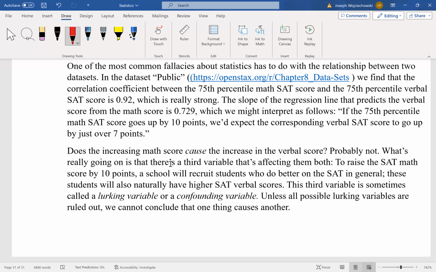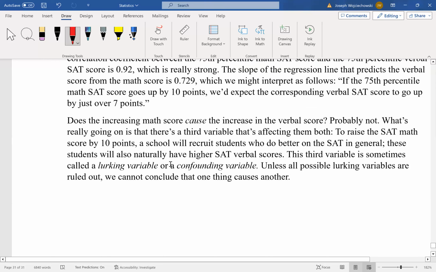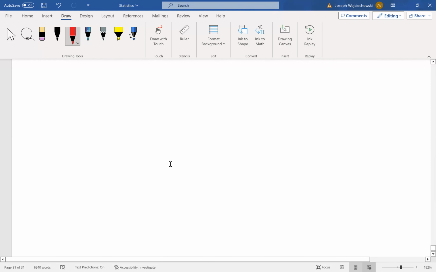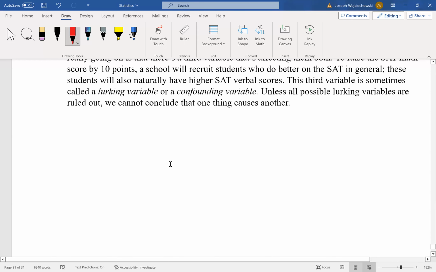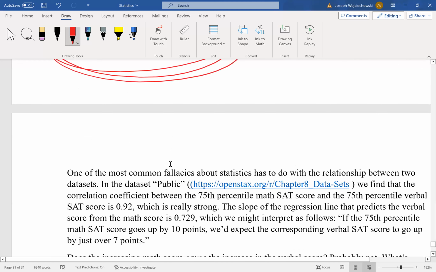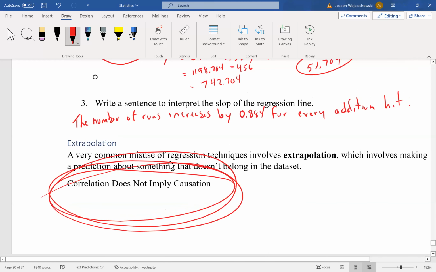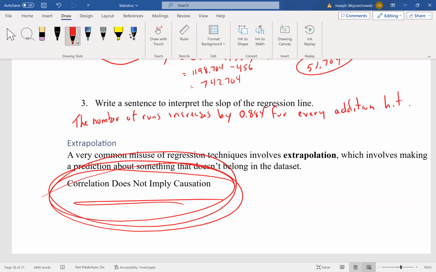This third variable is sometimes called a lurking variable or a confounding variable. Unless all possible lurking variables are ruled out, we cannot conclude that one thing causes another. So correlation does not mean causation. Very big to remember. That's something that is frequently forgotten. And that finishes up this section as well as this chapter.